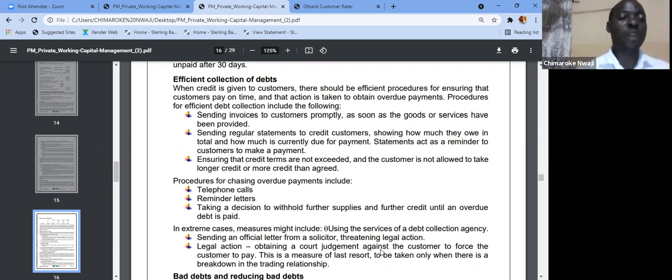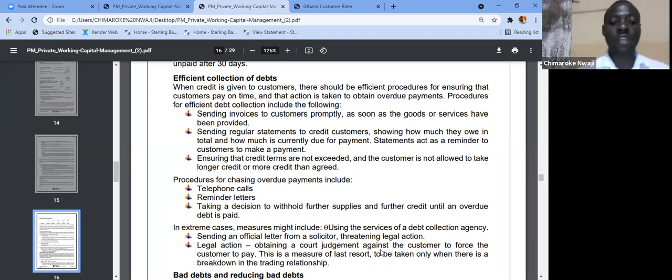That will not speak well. So there are some companies who want to maintain their reputation so that they could enjoy credit facilities. And so you have to take it softly with them at first. Then if they're not complying, you take the hard way.